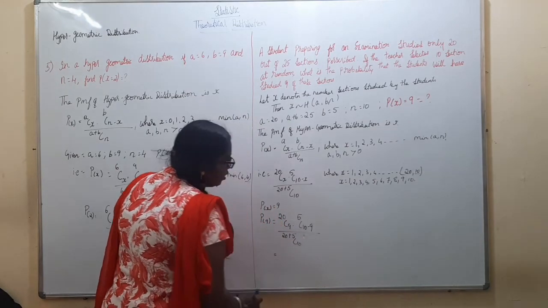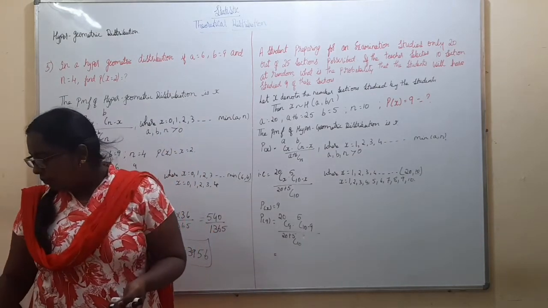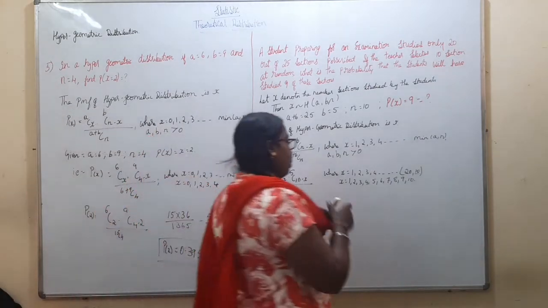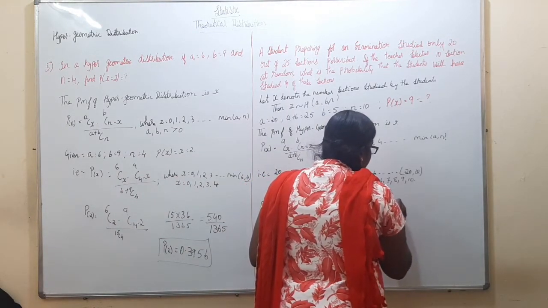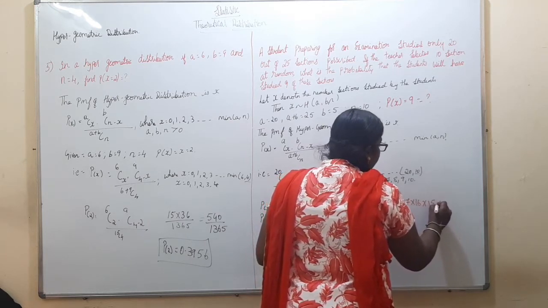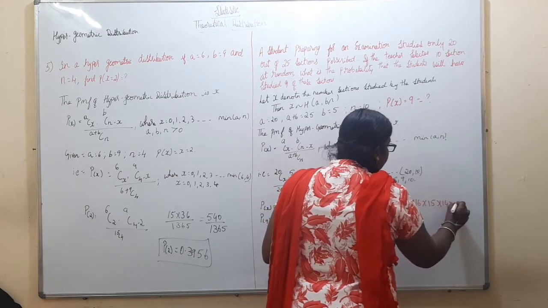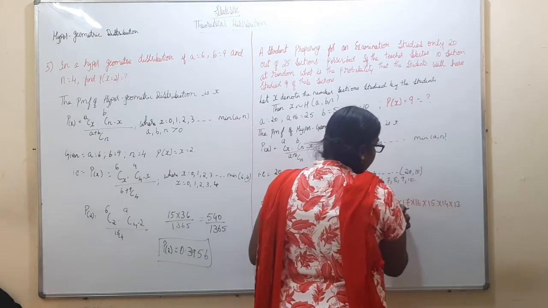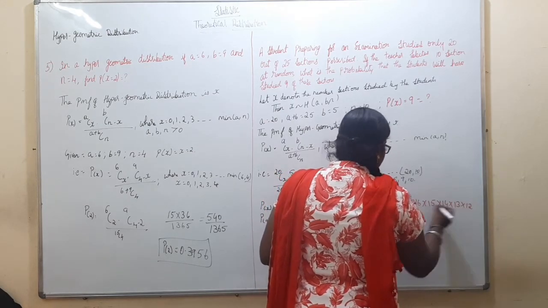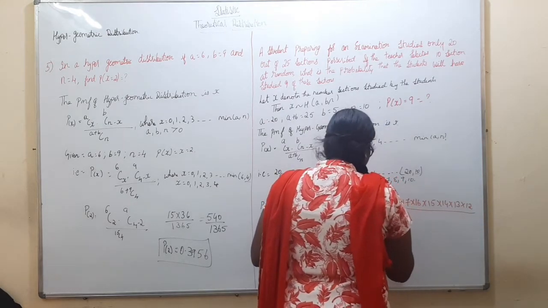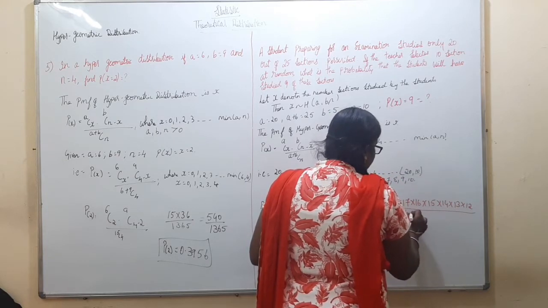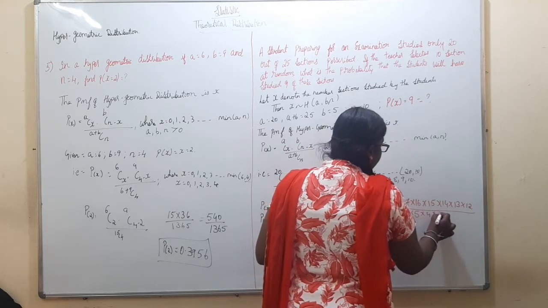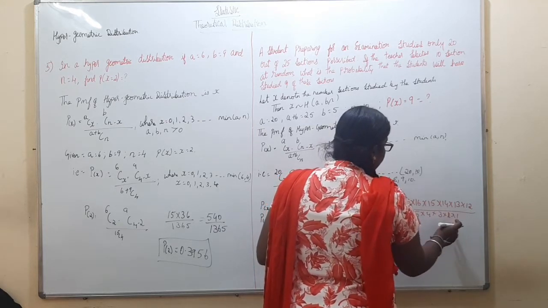This one I can write as 20C9, okay. So I will do the workout here. 20, 19, 18, 17, 16, 15, 14, 13, 12. Then this side will be 9, 8, 7, 6, 5, 4, 3, 2, 1.